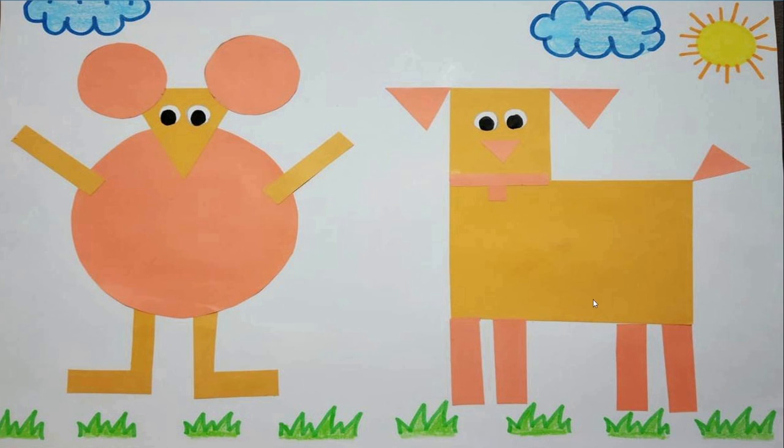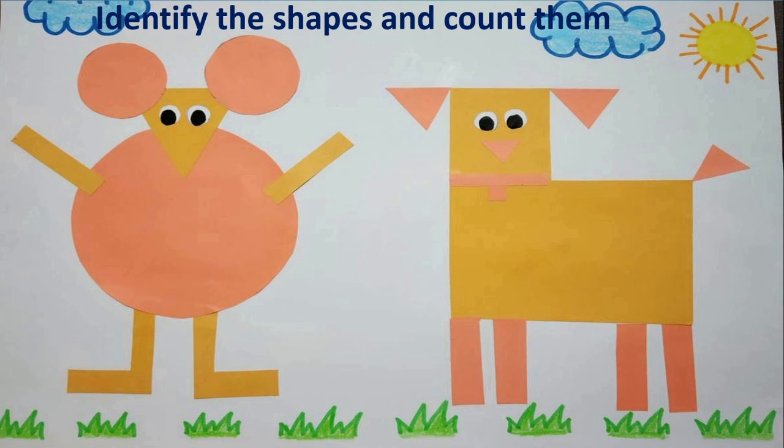In both the figures we can see circle, triangle and quadrilateral. The sizes are different. So dear children, here also you have to identify the shapes and you have to count the shapes. How we did for that man, same you have to do here. This is also for your homework.